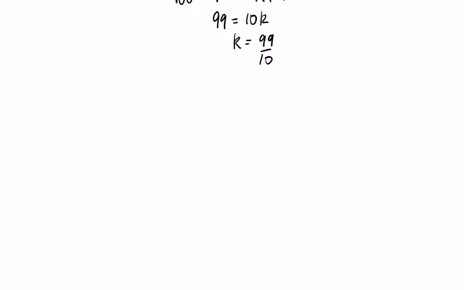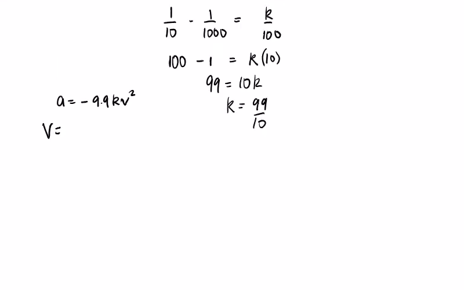Now let me just write out, we had acceleration is equal to minus k v squared. K is 99/10, so minus 9.9 v squared was my acceleration.